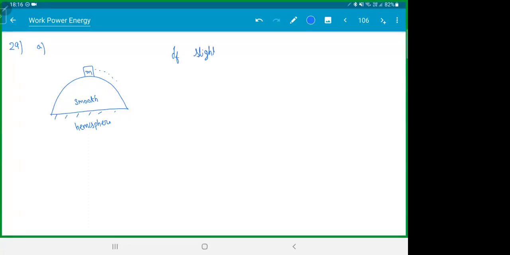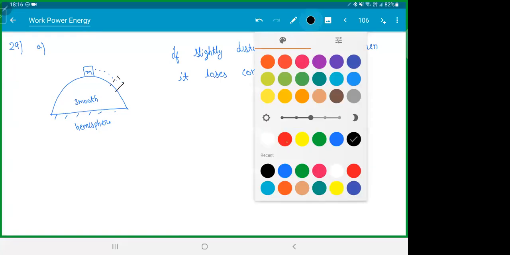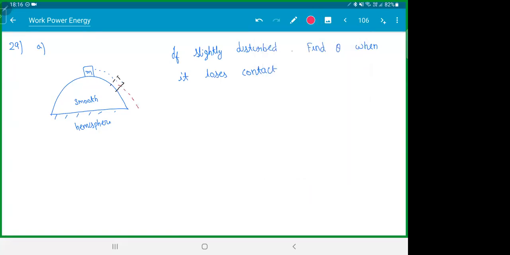Find the angle when it loses contact. Means it will come till somewhere here, and then it loses contact here. So this theta I want.